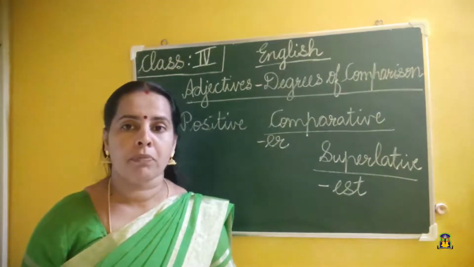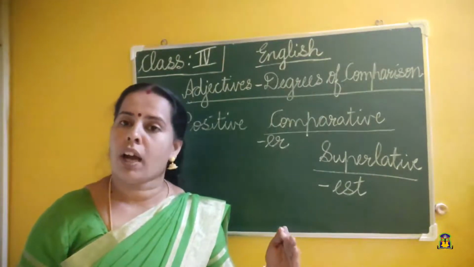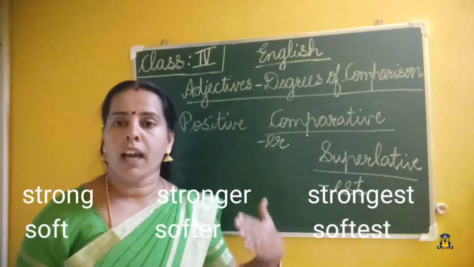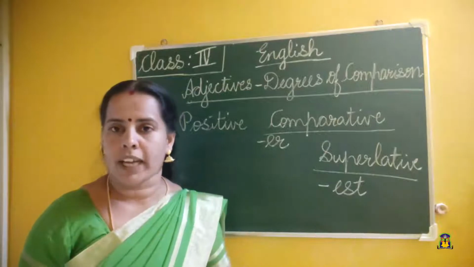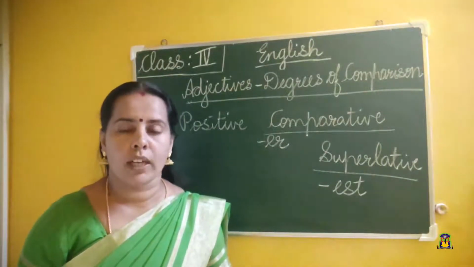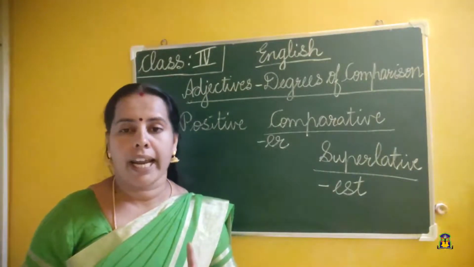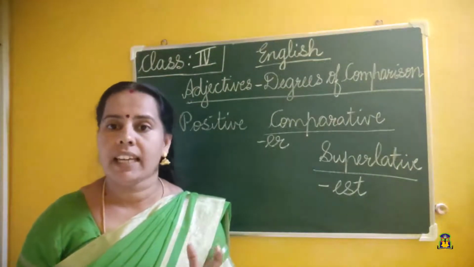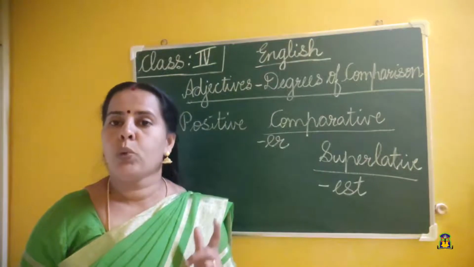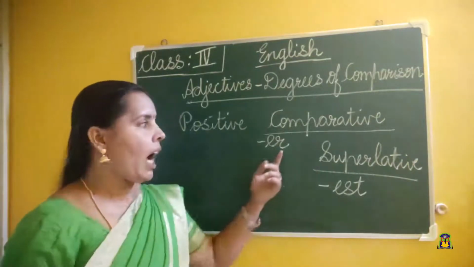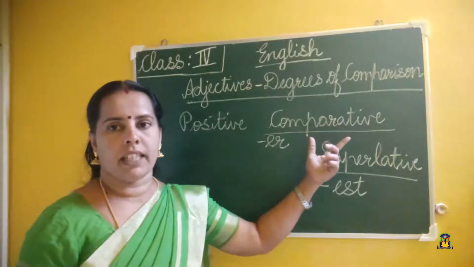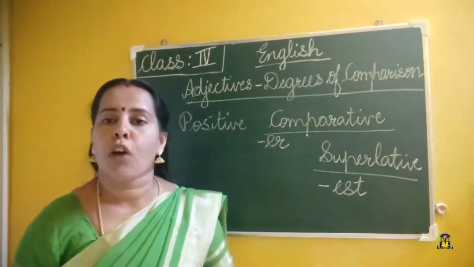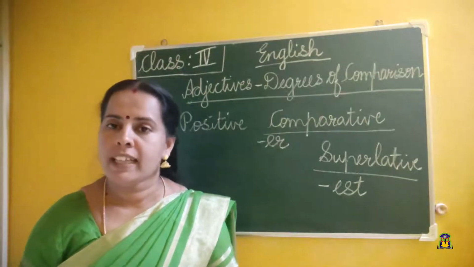Now example. Strong, stronger, strongest. Soft, softer, softest. Okay. Now second rule is, if the word, the adjective, ends in E, then we simply add R in the comparative degree and we add simply ST to form the superlative degree.